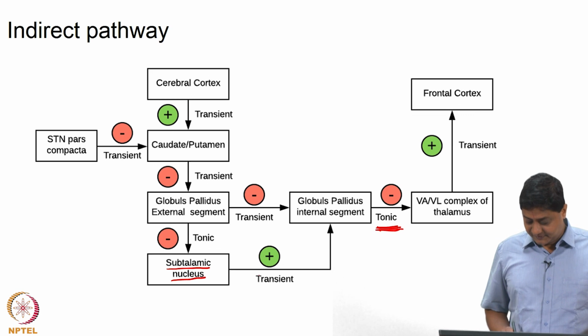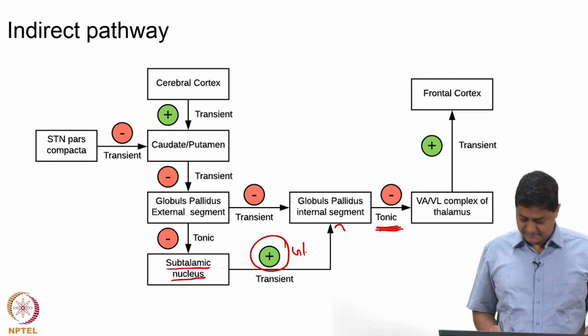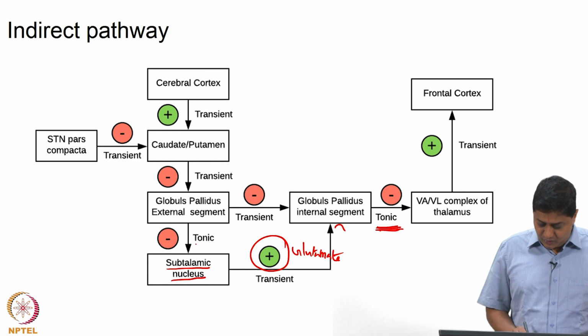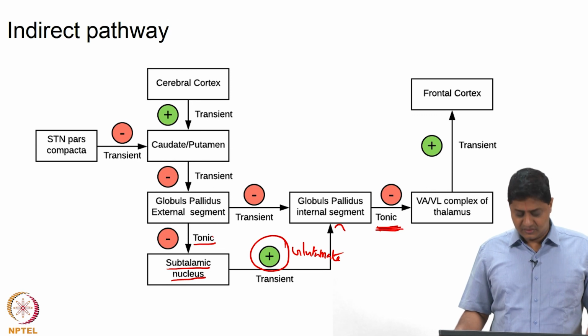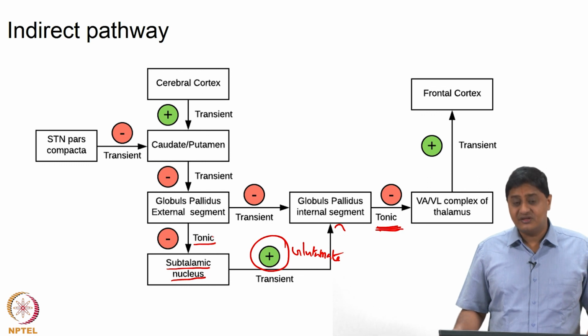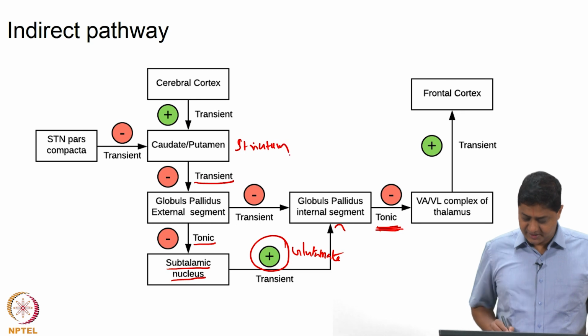It turns out that the subthalamic nucleus provides excitatory, glutamatergic inputs to the GPI, whereas it is tonically inhibited by the input coming from the globus pallidus external segment, and the globus pallidus external segment itself is inhibited transiently by the input structure, the striatum.